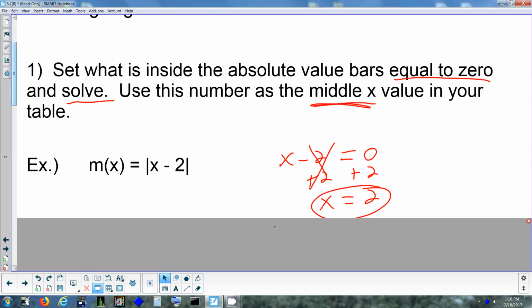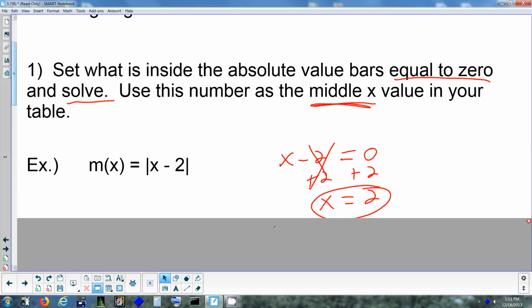Is that always going to be like that? Like the number that's in the parentheses is always going to be the positive version of it? Depends on the problem. Not always, but a lot of times, yes. Now, once we get that number, we're going to make a table with 5 values. What value is that one going to be out of the 5?